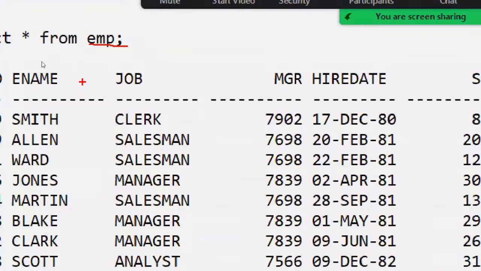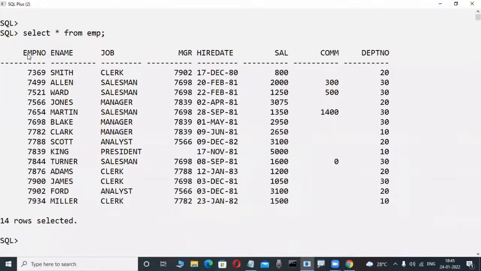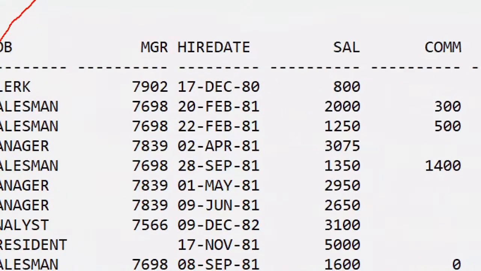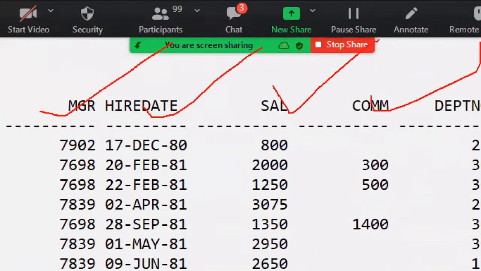Like these, you can also create tables. In this EMP table, how many columns are there? These are called columns: 1, 2, 3, 4, 5, 6, 7, 8. Eight columns are there.